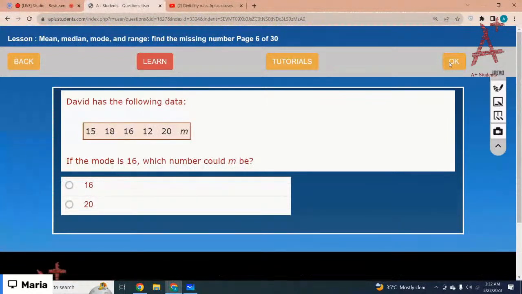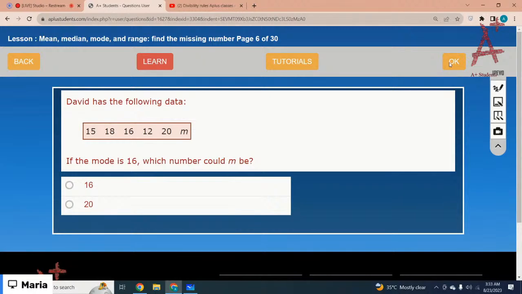David has the following data. If the mode is 16, which number could M be? Which is the correct option? Yes, M could be 16, right?